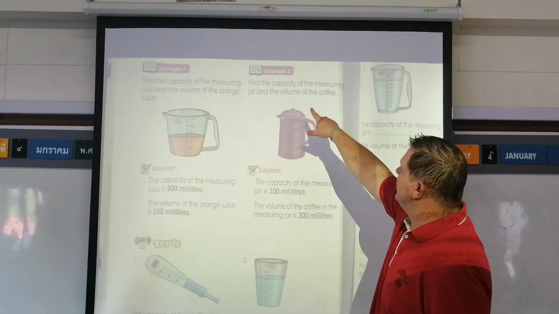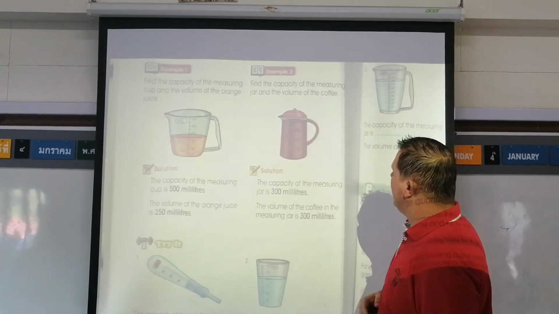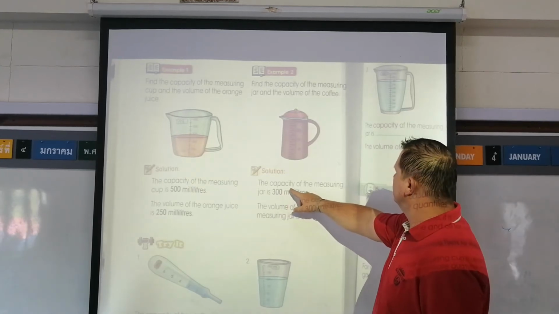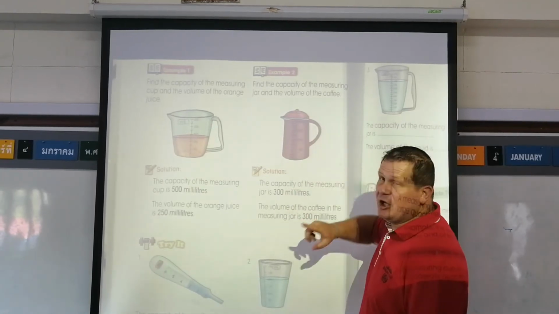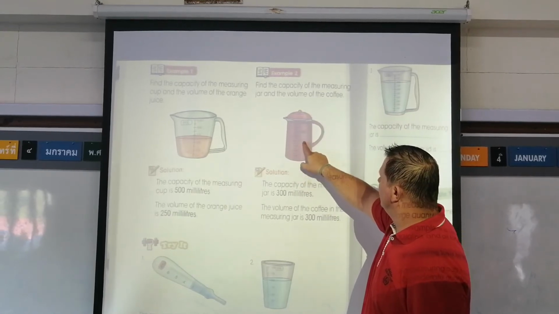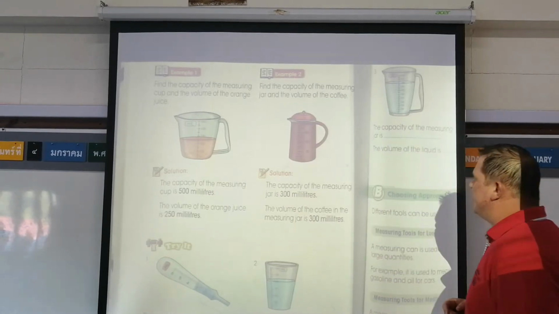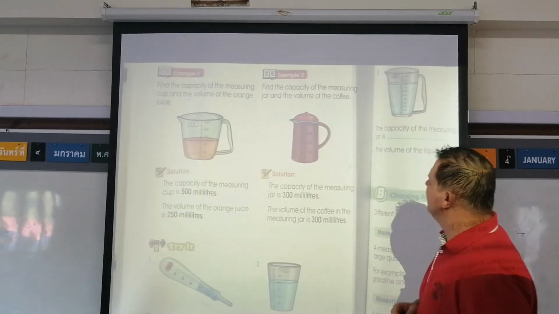Same, example 2. Find the capacity of the measuring jar and the volume of the coffee inside. I can't really read, but you can look at it. 50, 100, 200, so that should be 300. The capacity of the measuring jar is 300 milliliters.